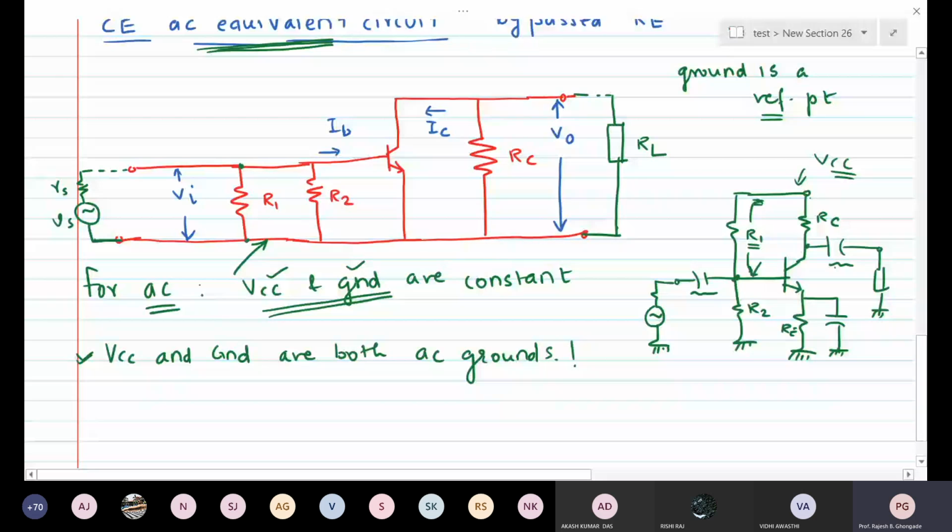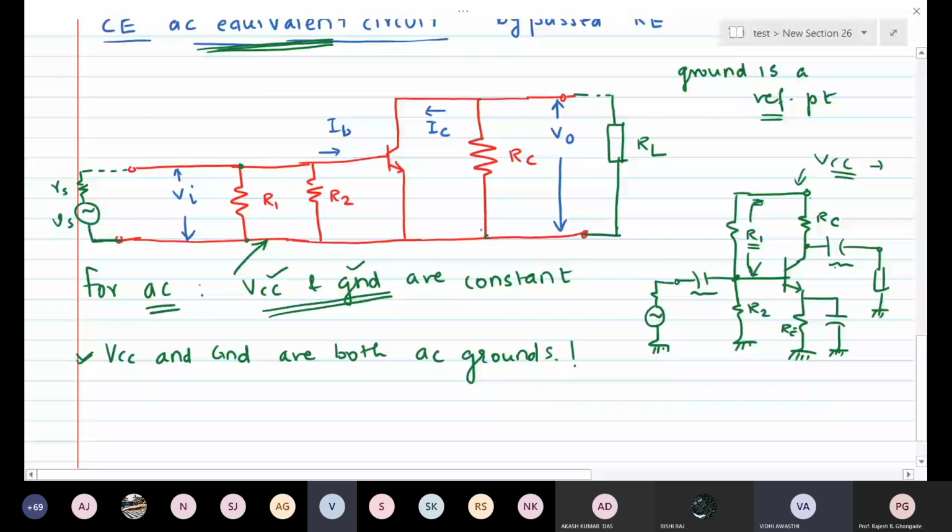Another end is connected to what? VCC. And we have already said that VCC is an AC ground. You see here, exactly the same thing is happening. In fact, that is the concept. So are you clear about why I have drawn it like this here?